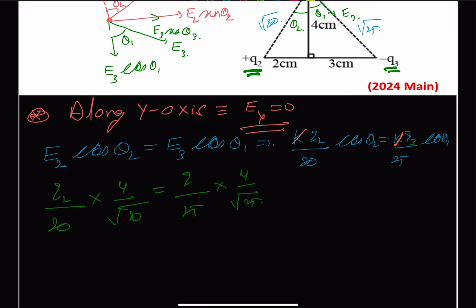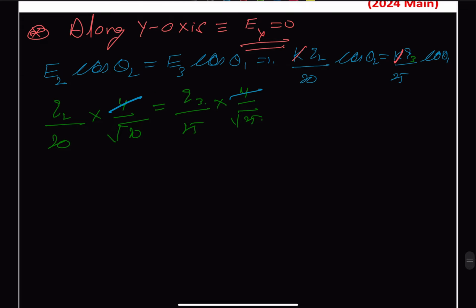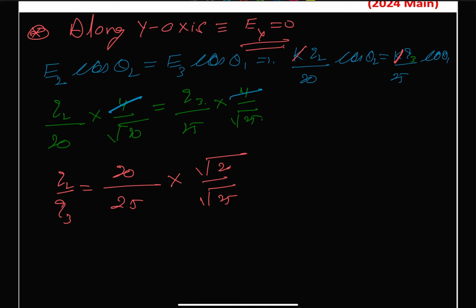Q3 and Q3. And 4 and 4 cancel, so we get Q2 by Q3 will be equal to, you can write this as, 20 upon 25 multiplied by square root of 20 divided by square root of 25, and you can just solve it.